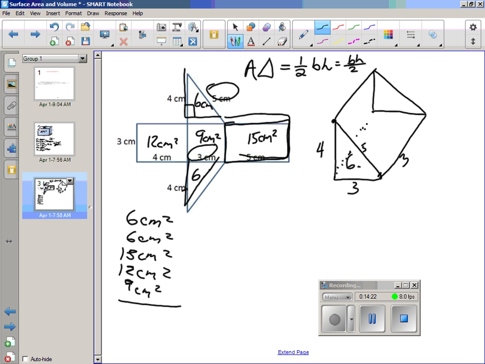Plus 5 more is 16. And then 6 plus 6 is 12. Can we do 16 plus 12? So then 28. One, 2, 3, 4. 48 centimeters squared.